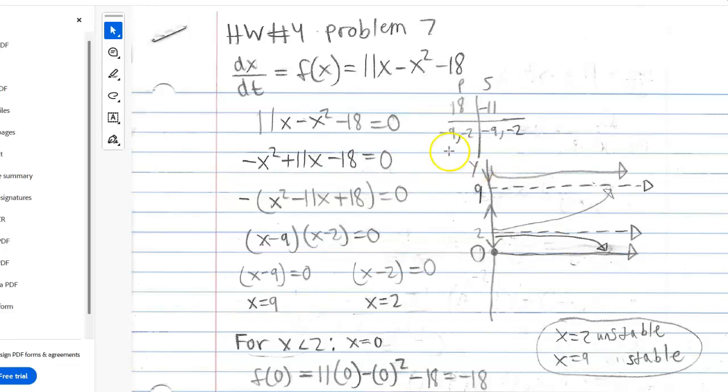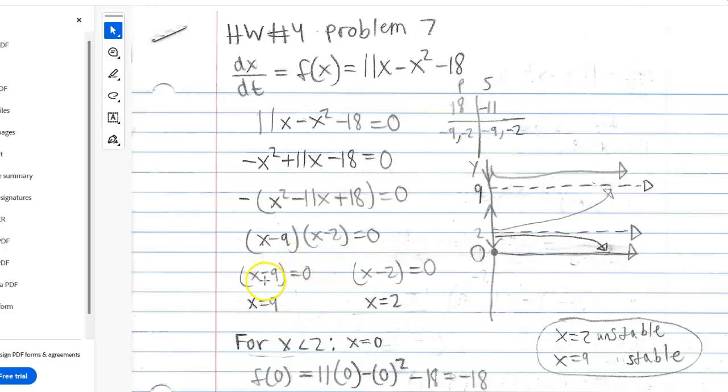Then we factor out the negative, giving us x squared minus 11x plus 18. Then we try to find the factors using the product sum table here. The product is 18 and the sum is negative 11. The two numbers that make this up are negative 9 and negative 2. So we have x minus 9 and x minus 2.